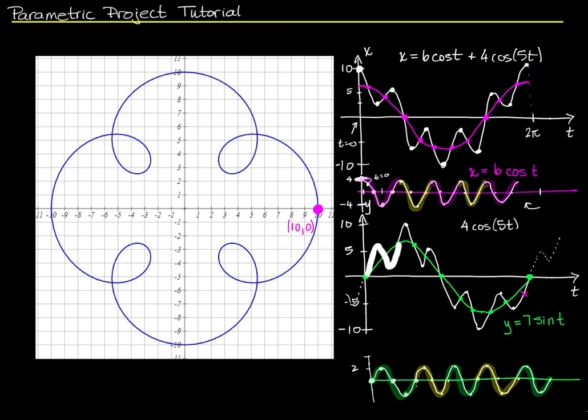So I have the sine of 5t. I decided my amplitude was 2. So the equation for my y graph, my white graph here, is the green graph plus how much above and below, how much I've added to the green graph to get the white graph.